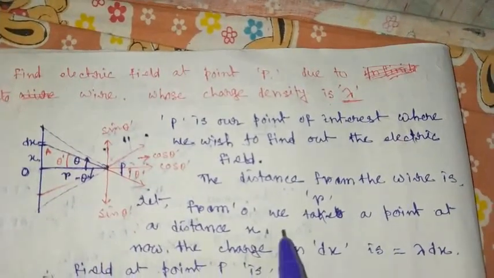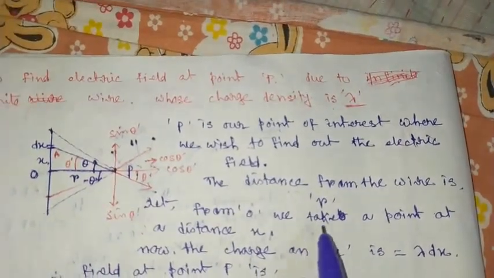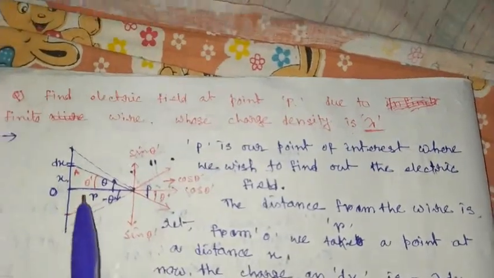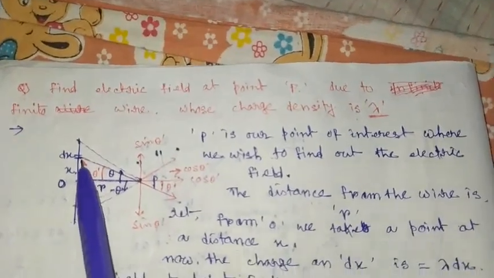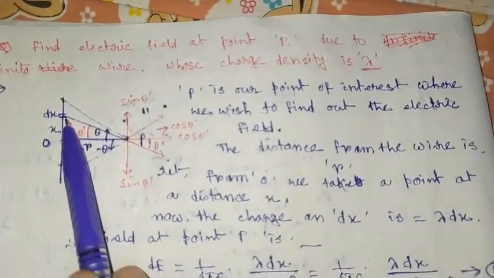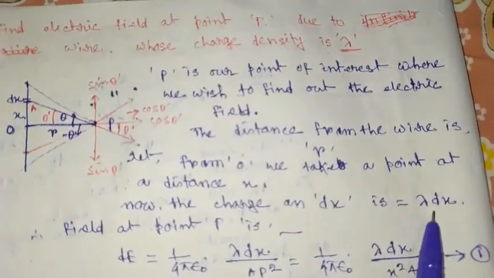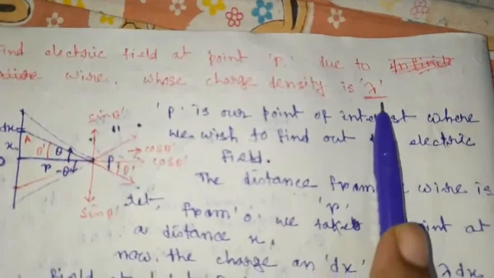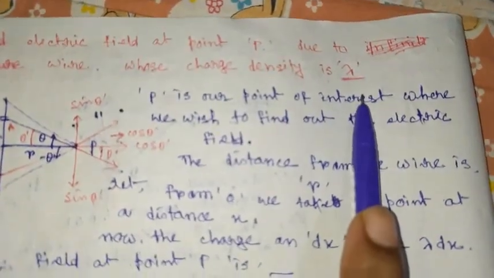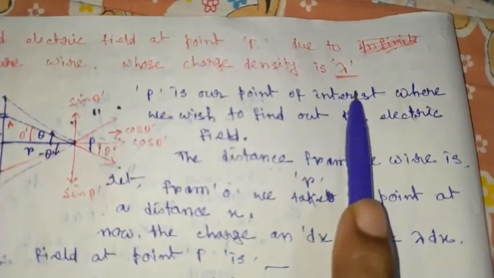So let from O we take a point at a distance here, with a small element dx. Now the charge on the dx is lambda dx, because lambda is the charge density, that is the charge per unit length.